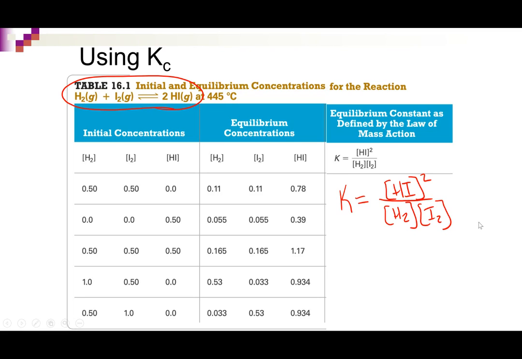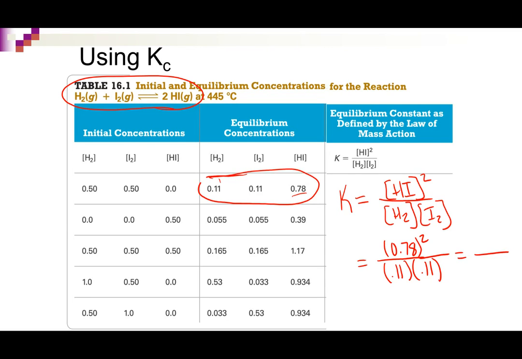And then to determine K, I would just plug in the concentrations at equilibrium. Once this has gone to equilibrium, then I'm going to plug it in. For this one, the equilibrium concentration for HI is 0.78, and don't forget to square that. Equilibrium concentration for hydrogen is 0.11, and for iodine is also 0.11.